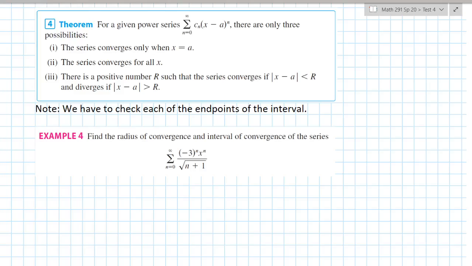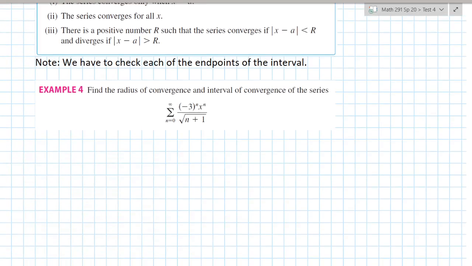So we want to find the radius of convergence and the interval of convergence of the series. So again, we can use the ratio test. It's an alternating series, so we'll pay attention to those absolute values.